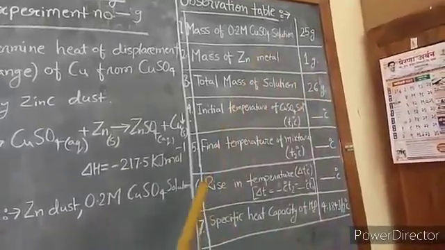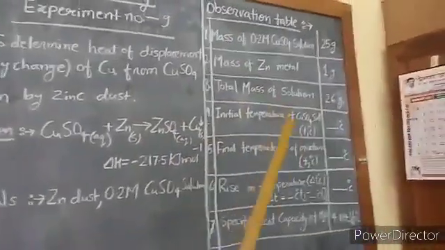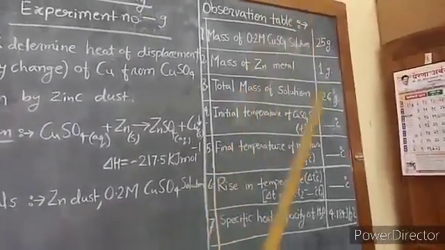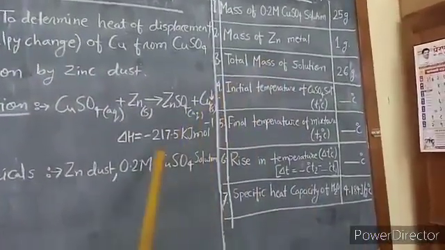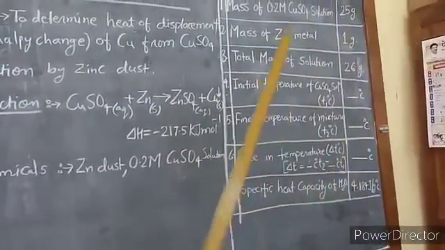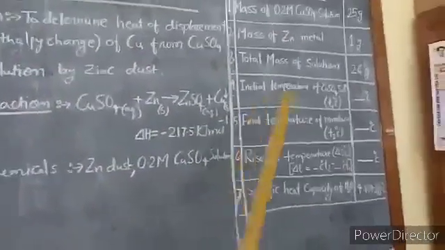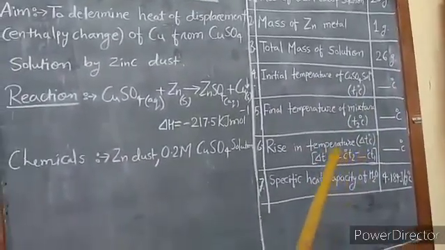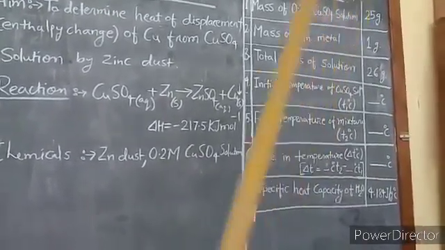Then you have to determine the initial temperature of copper sulfate solution before addition of zinc metal, which you mention as T1 degree Celsius. Then you add 1 gram of zinc in copper sulfate solution and stir it well. Slowly the temperature will increase.